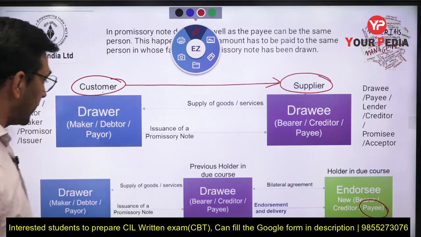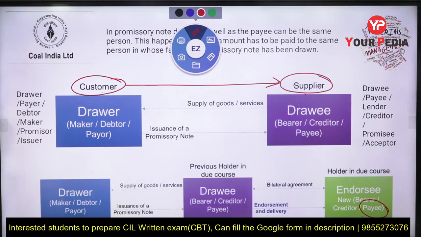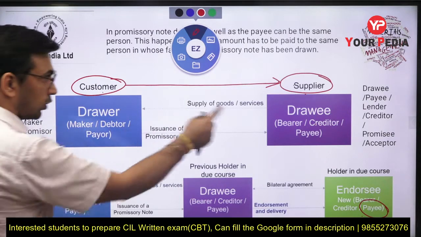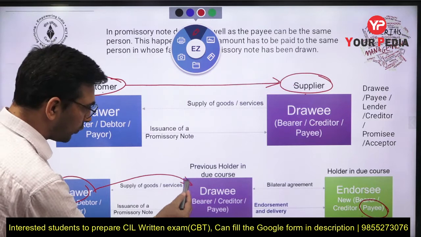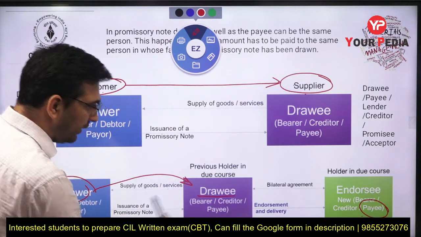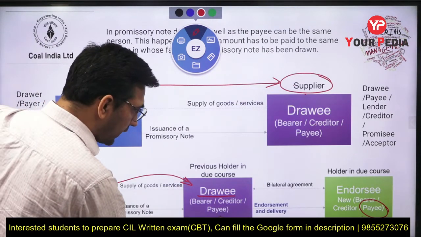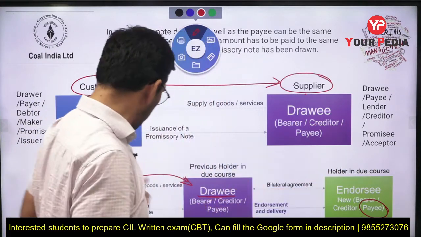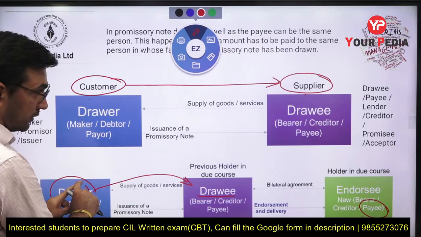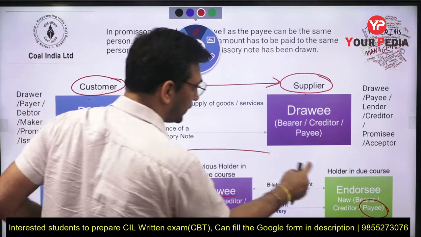So that is why if third party is involved in which we can transfer it, for example, अब क्या करेंगे, यहां पर देखो ये दोनों जो हैं यहां पर हैं. So drawer ने draw किया था supplier के ऊपर, but now अब supplier और इसके बीच जो third party के बीच जो है you are having agreement, so you are asking this customer to pay to this third party.